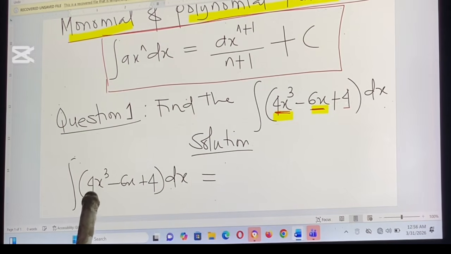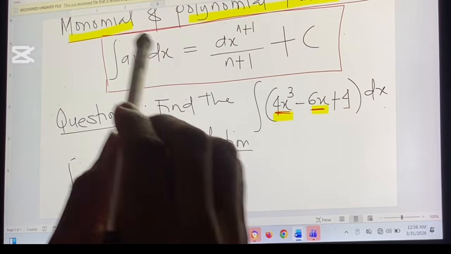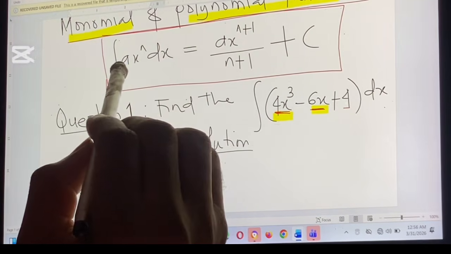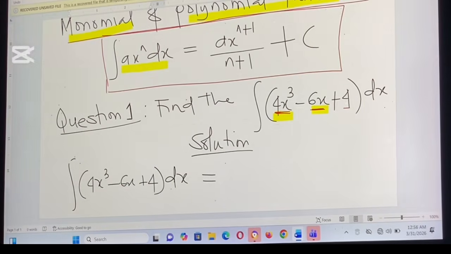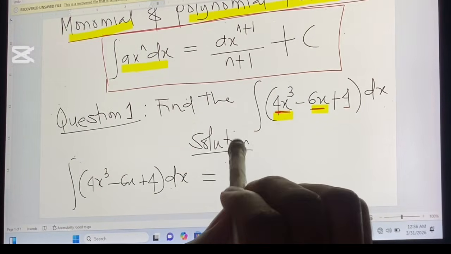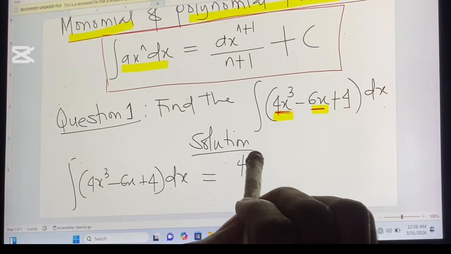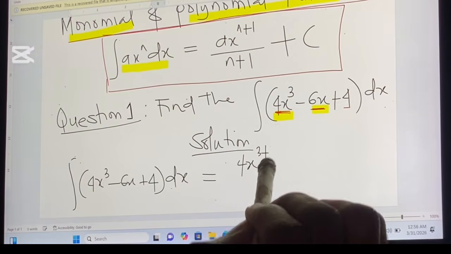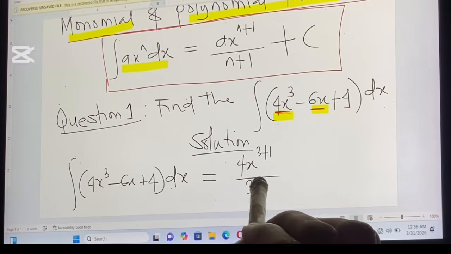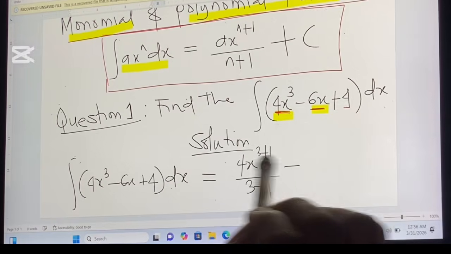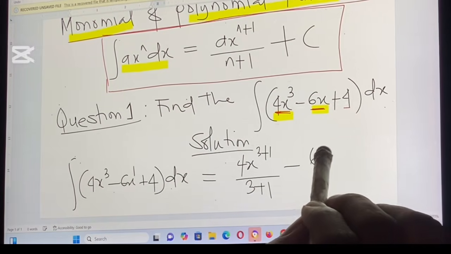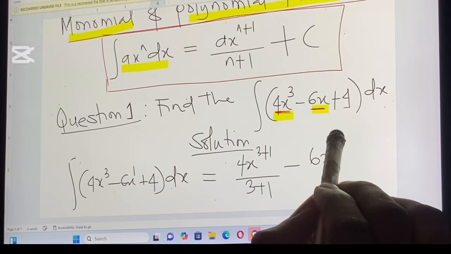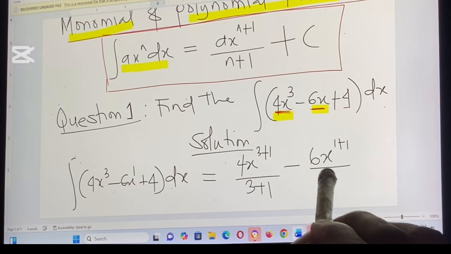I will integrate this one by one using this pattern here, class. I will add 1 to the power, and I will divide with the new power. So I will have 4s raised to the power of 3 plus 1 over 3 plus 1, minus 6, there's an invisible 1 here, please take note, s raised to the power of 1 plus 1 over 1 plus 1.